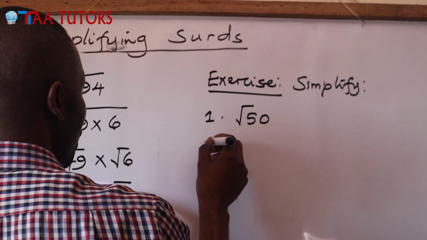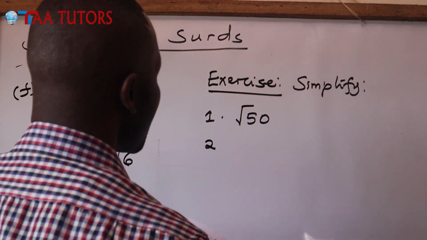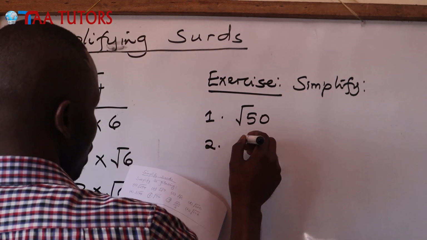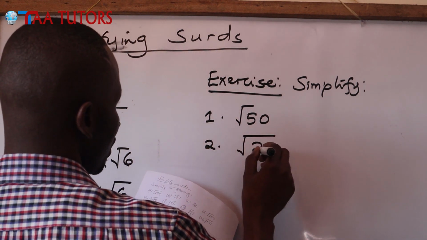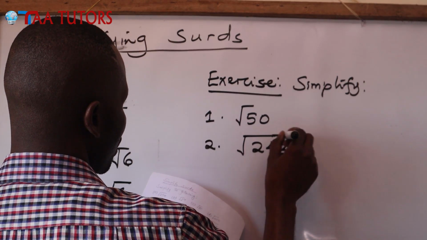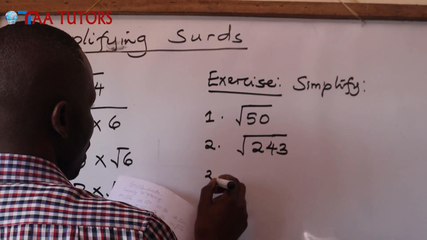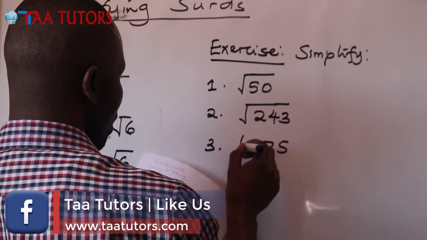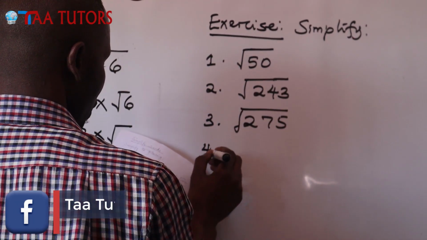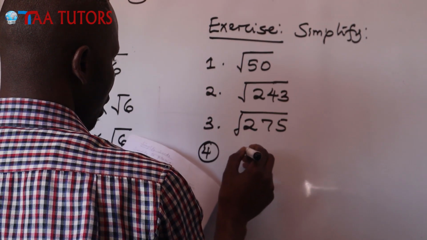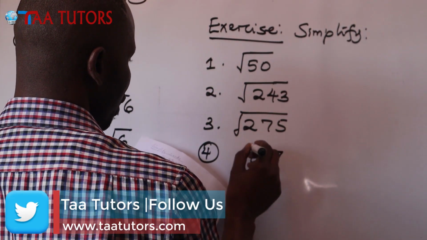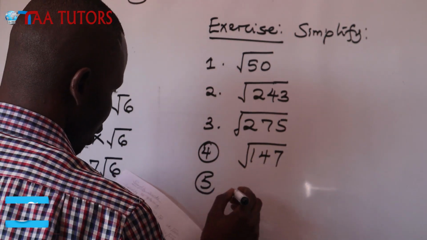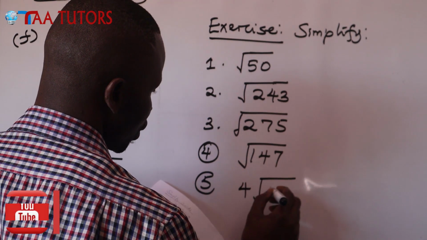I believe that is very easy. Number 2 is SAD 243. Three is SAD 275. 4 is SAD 147. 5 is 4 SAD 125.